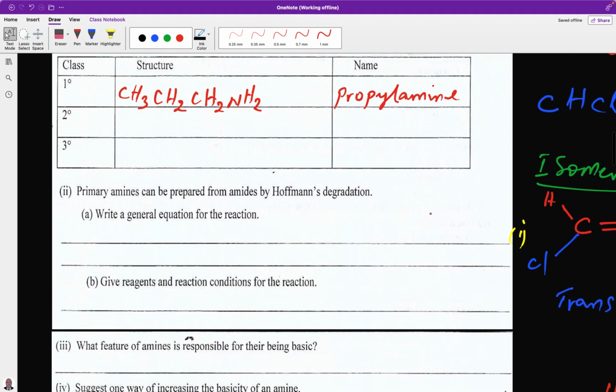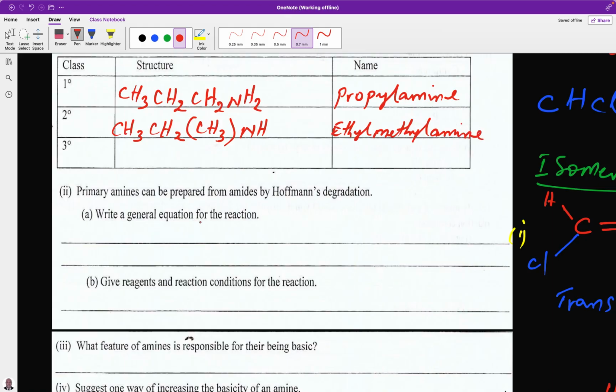If we write it here, we will have a CH3, a CH3, a CH2, a bracket CH3, then NH, and we'll call it ethyl methylamine.